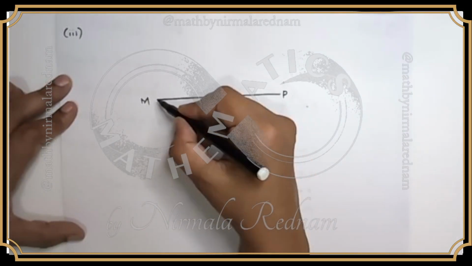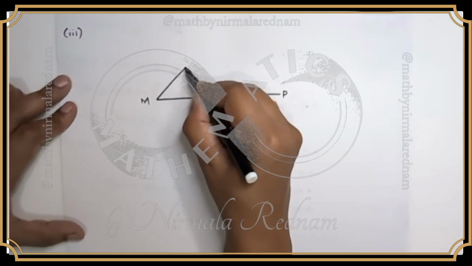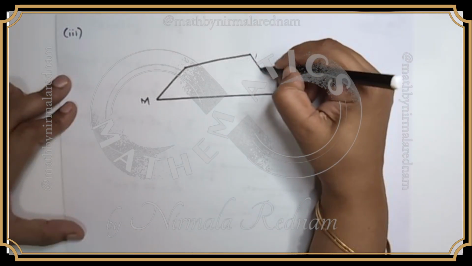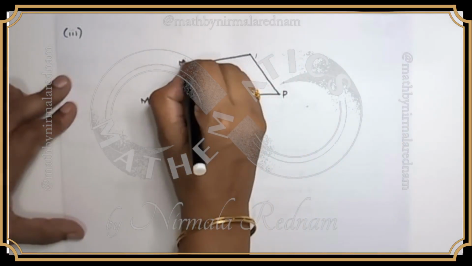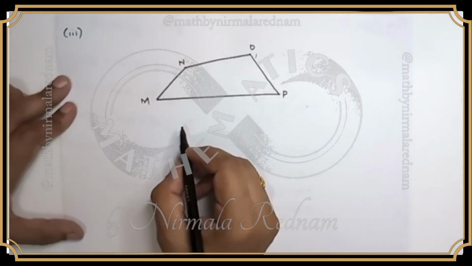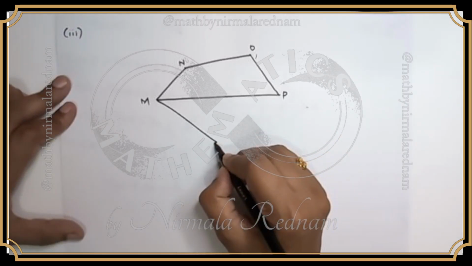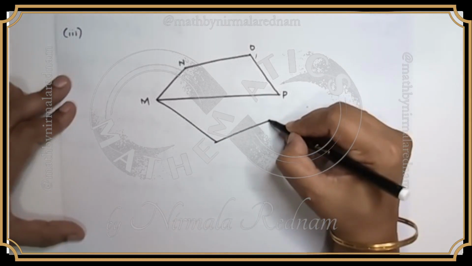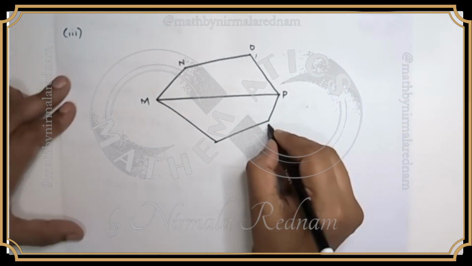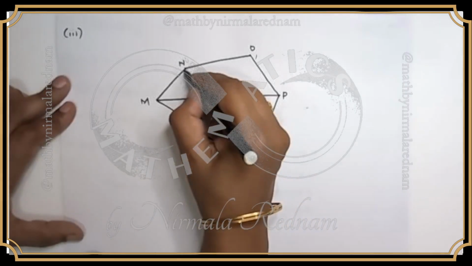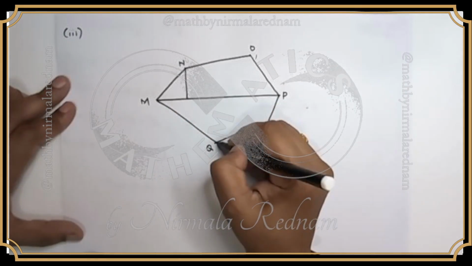And I have 2 vertices on top, N, O, and I have 2 vertices on the bottom, R, Q, right?